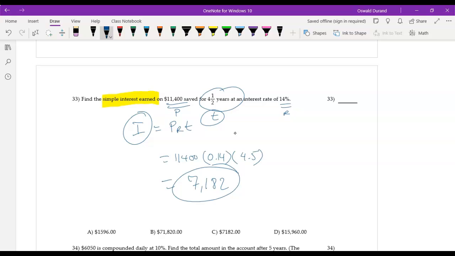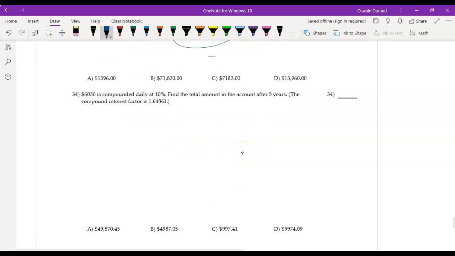That's the interest accumulated after 4.5 years. If it's a savings account, at the end of 4.5 years you add this amount to 11,400. So that's it.